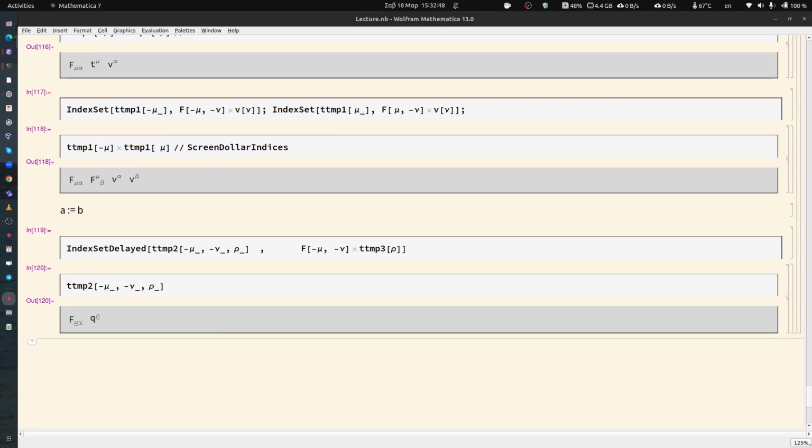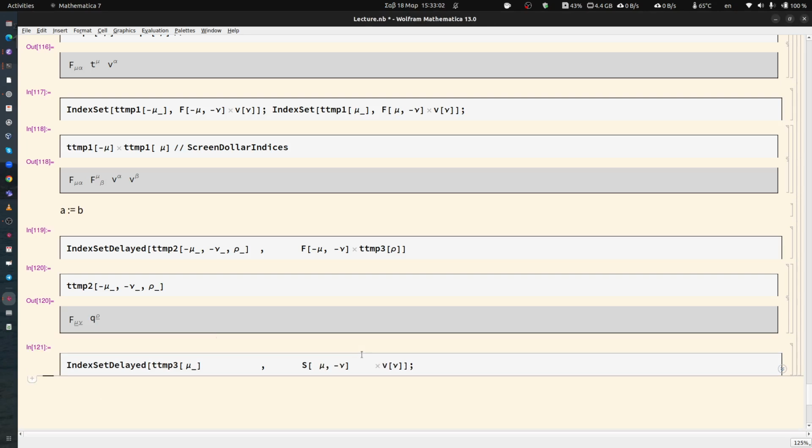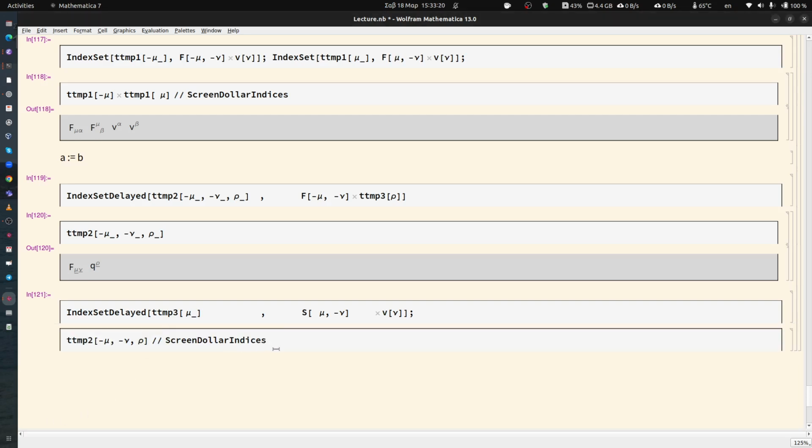So let's now write a rule for TTMP3. TTMP3 is replaced by S times V. Sorry, S contracted with V. So let's now compute this expression here.